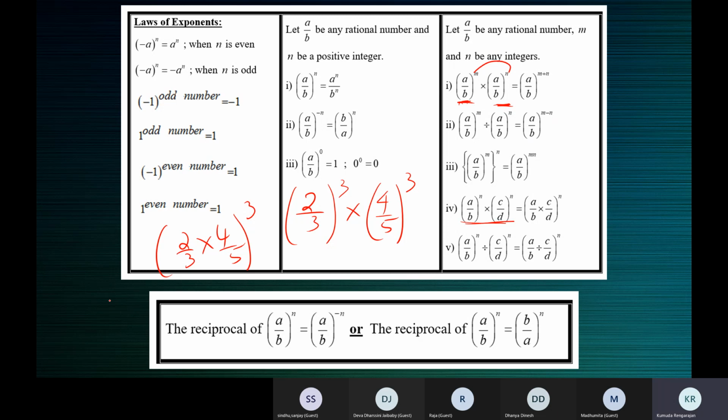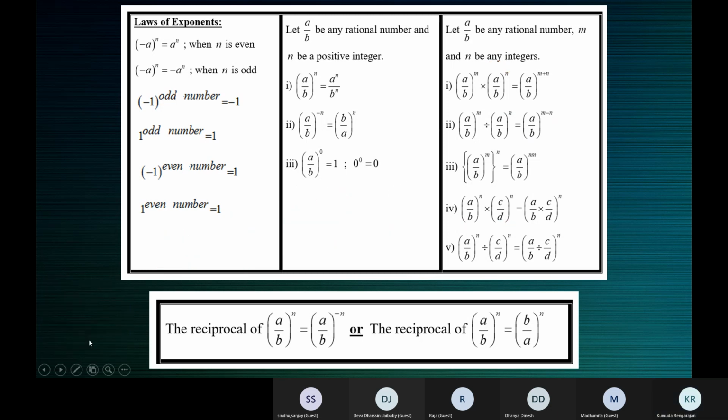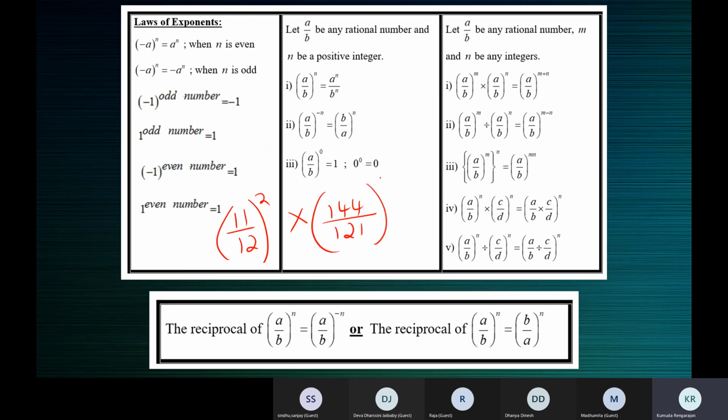This rule is very important because, supposing we have 11 by 12, the whole power 2, into 144 by 121, the whole power 2.